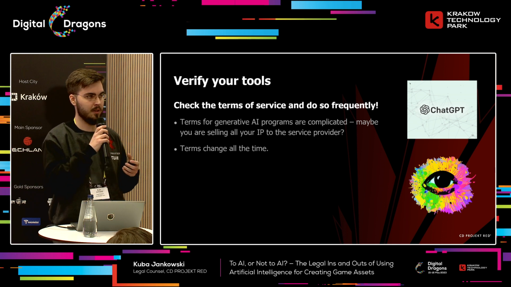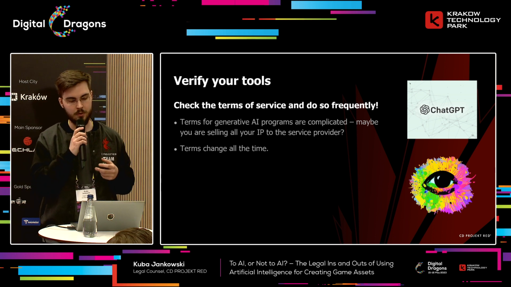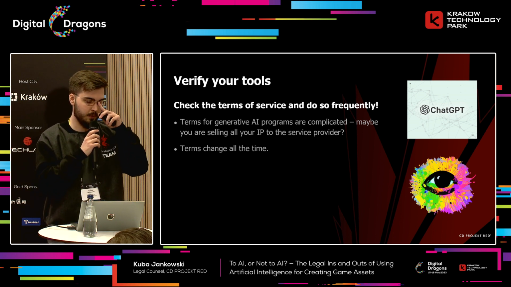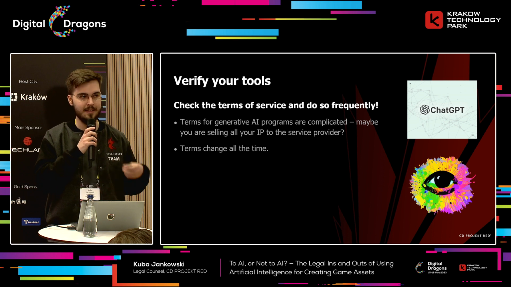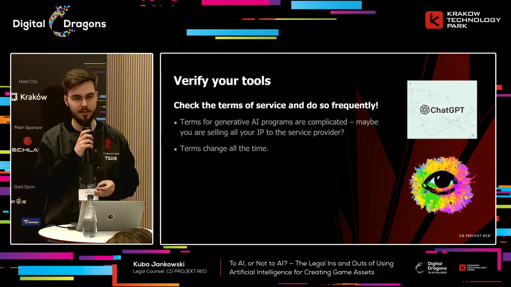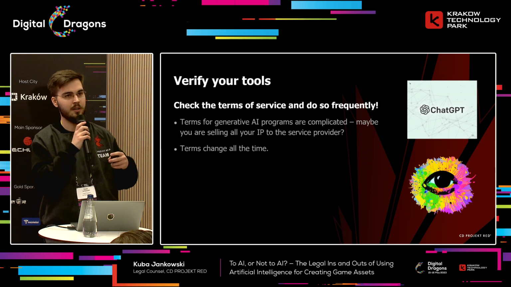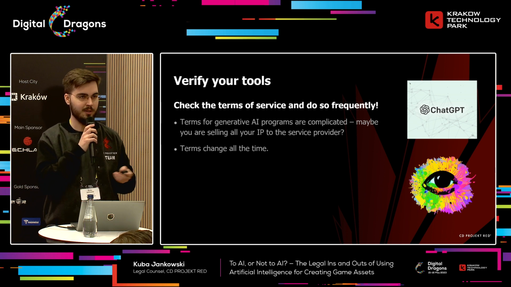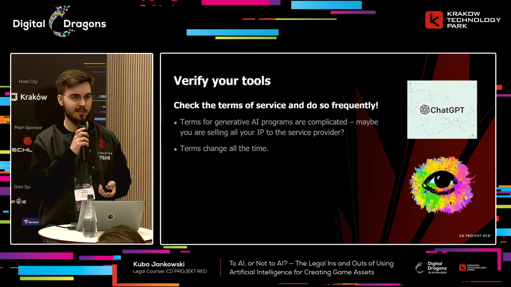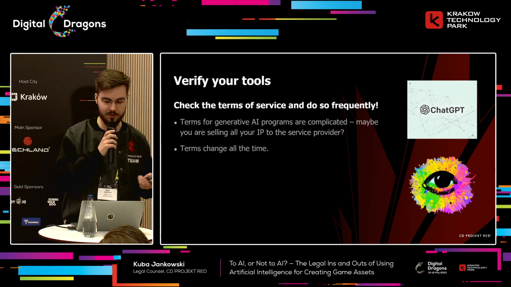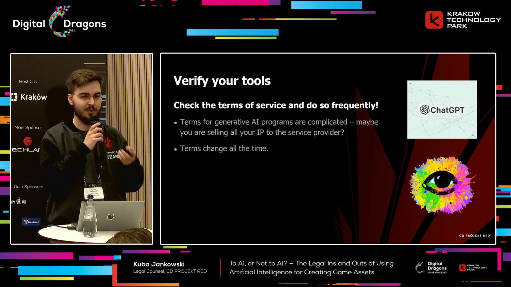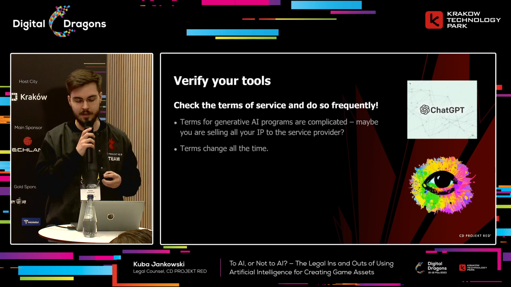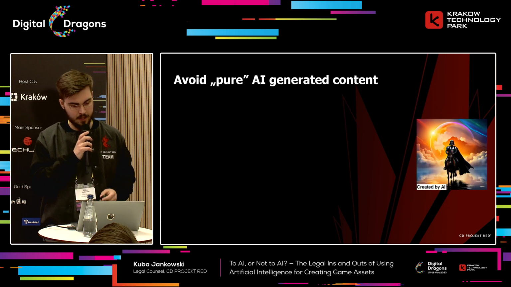Like a month ago, I was in a conference for lawyers, and we were talking about this, and someone was claiming that this and this tool has this and this in their terms of service. And another lawyer asked, okay, have you checked the terms of service today? No, I checked it like a week ago or something. Well, today they changed it, right? So it changes almost every day. I mean, I don't advise you to check it every day, but maybe once in a month or twice in a month, something like this.